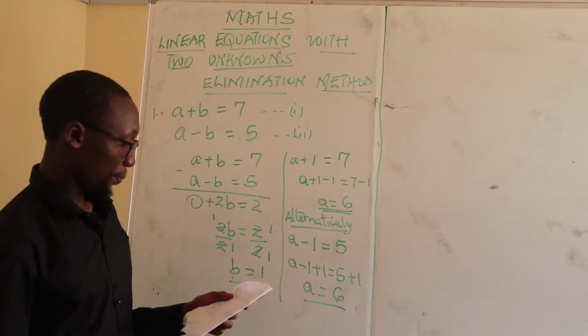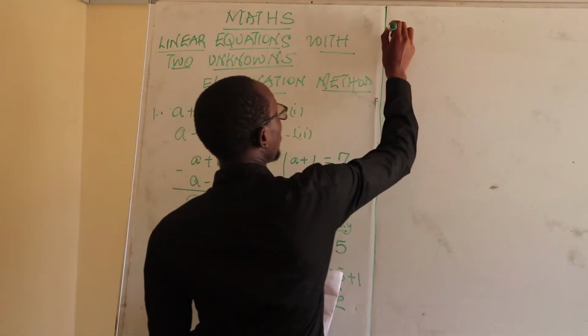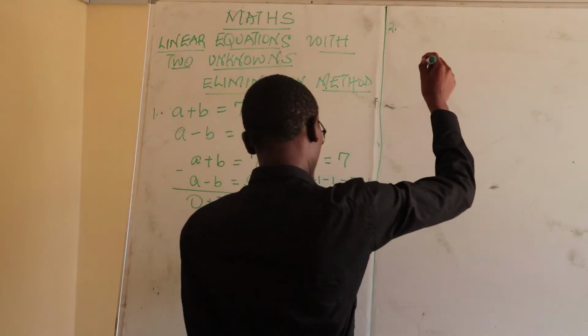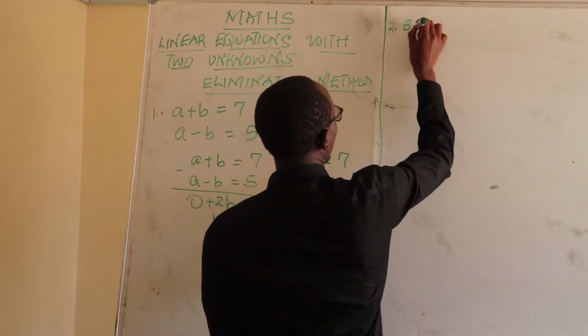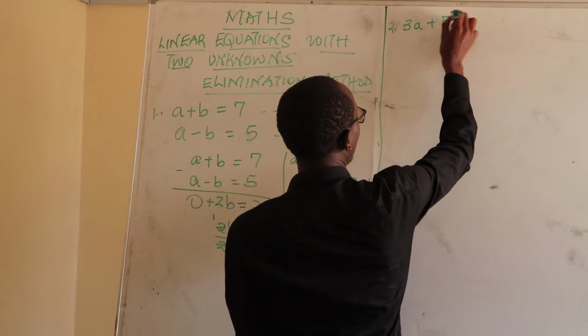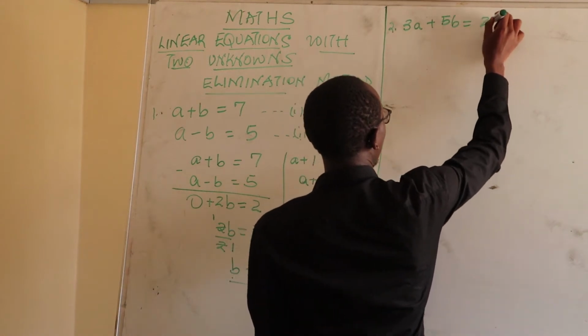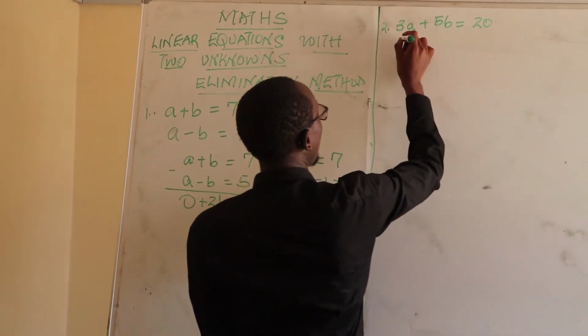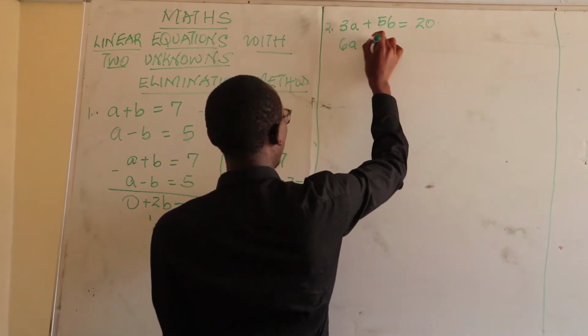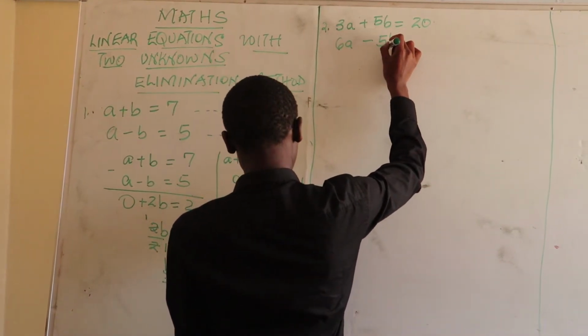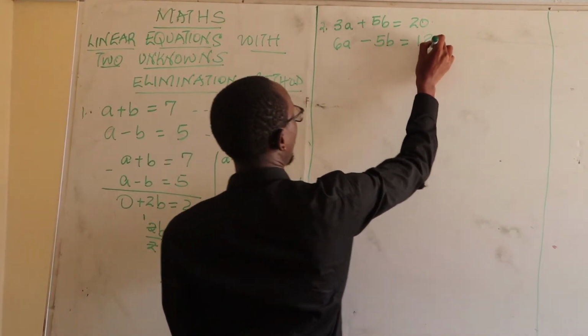Another example, number 2. We have 3A plus 5B is equal to 20, and 6A minus 5B is equal to 12.